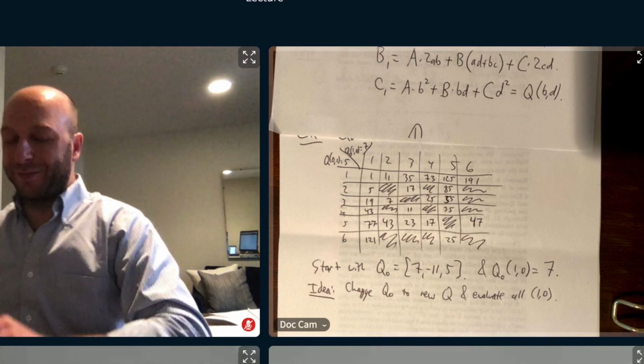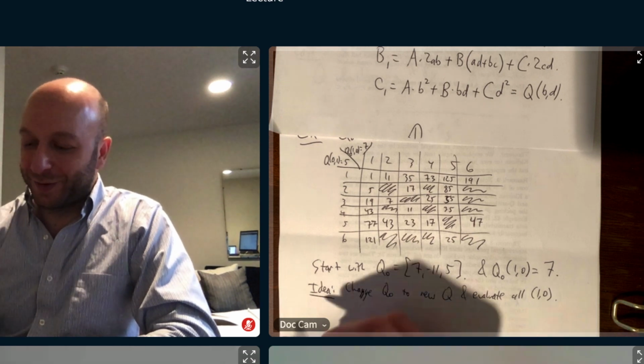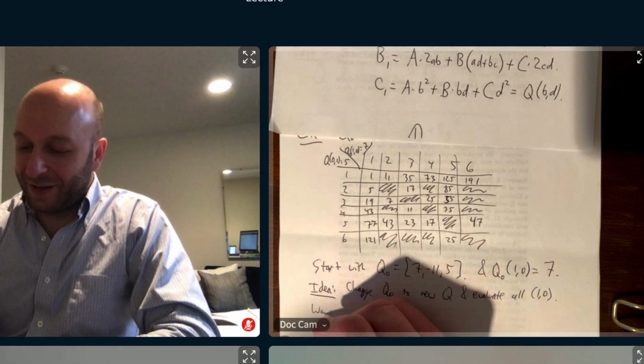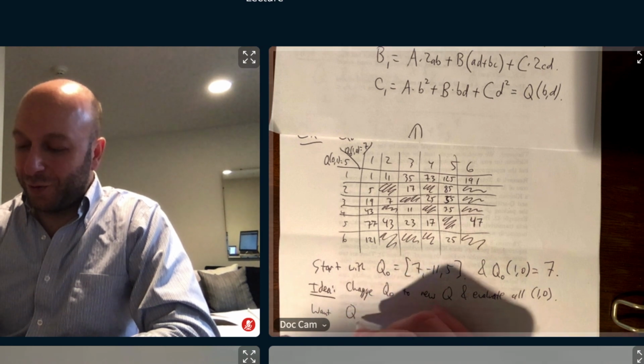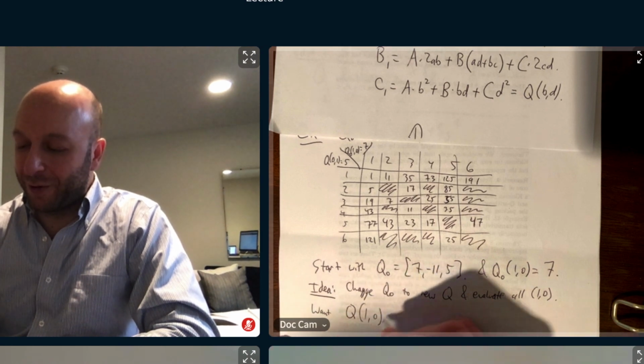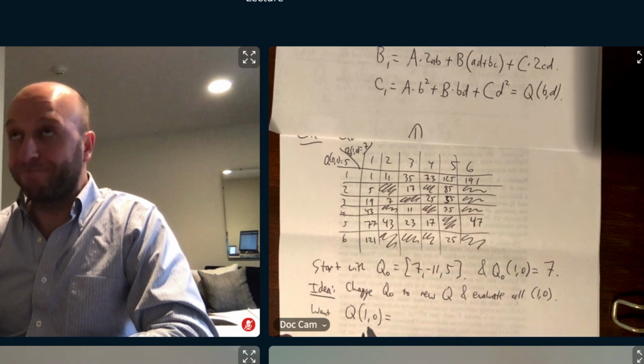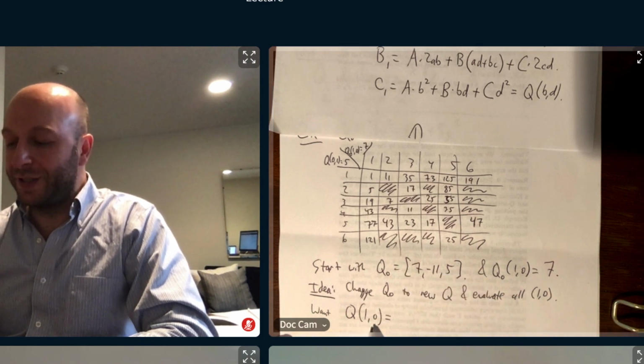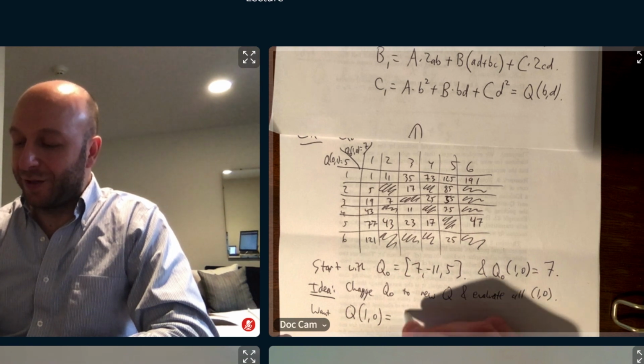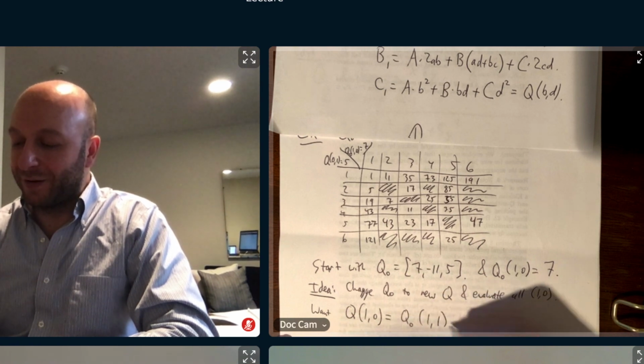Maybe this seems complicated, but you'll see in a second what to do. So we want q of 1, 0 to be q0 of 1, 1.